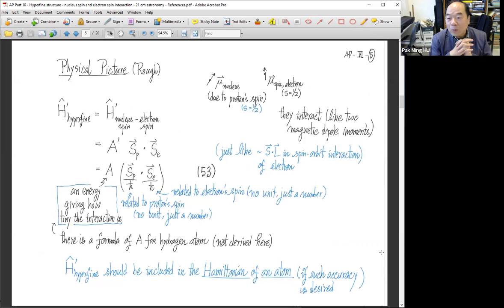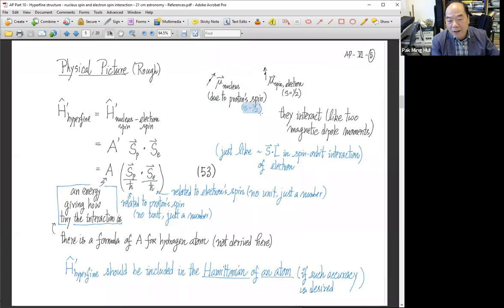Now, what we are going to discuss for the mechanism behind the hyperfine structure is the interaction between the electron spin magnetic dipole moment, or the electron spin in short, with the proton spin or proton magnetic dipole moment.